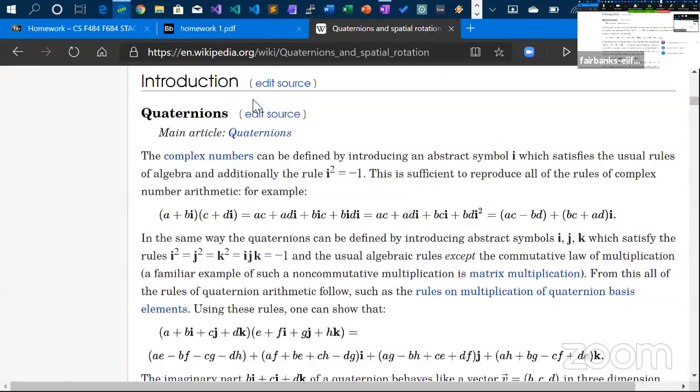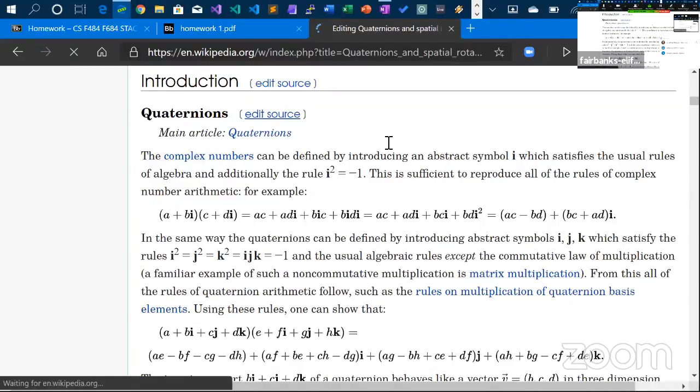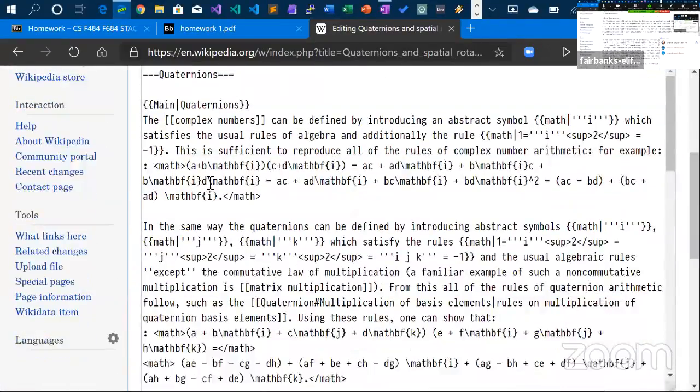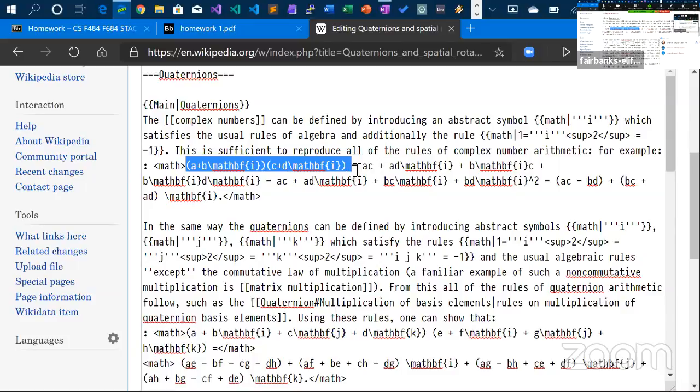Well, if you go to edit source, you'll notice that inside these math tags, kind of like HTML, this is all LaTeX code. So you can just take this LaTeX code and copy and paste it. So if you're looking for an idea of how to display a formula, or they got this formula spot on for what you needed to do, then just go in there and that'll get you where you need to be. All right.